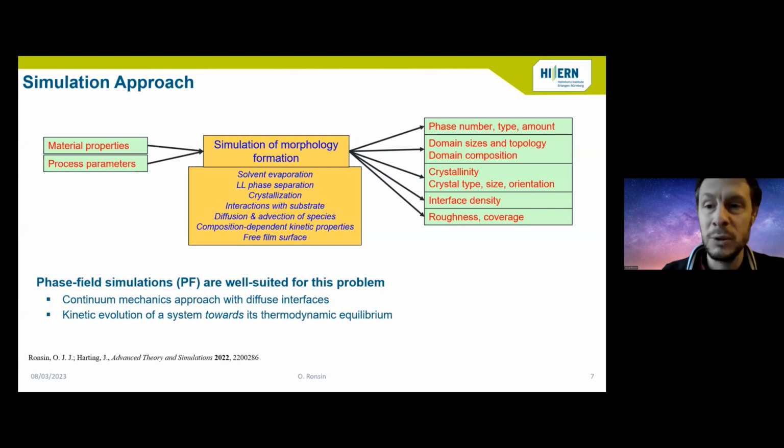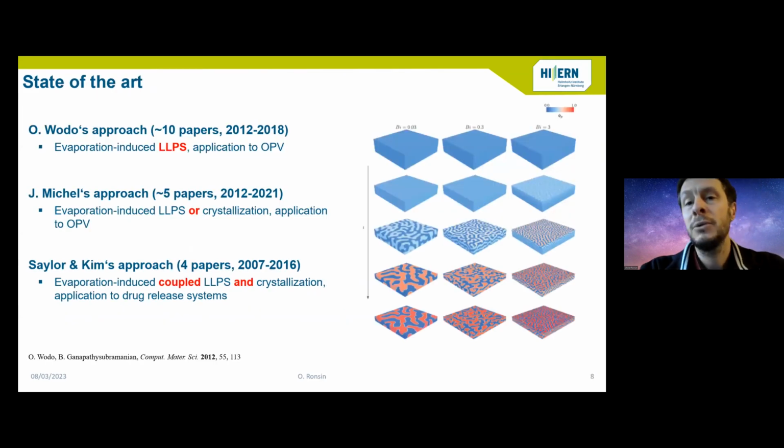But when it comes to this particular problem, the literature becomes astonishingly scarce, actually. And here I want to summarize what are the most relevant contributions to the problem. The first one is the work of Olga Vodo's group in the last decade. They have investigated evaporation-induced liquid-liquid phase separation with application to organic photovoltaics.